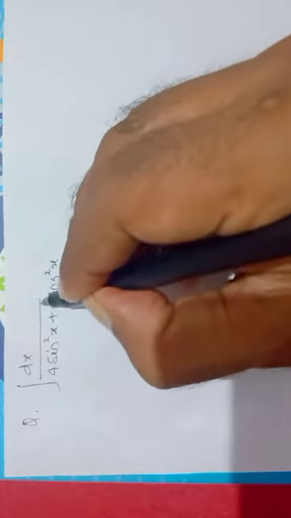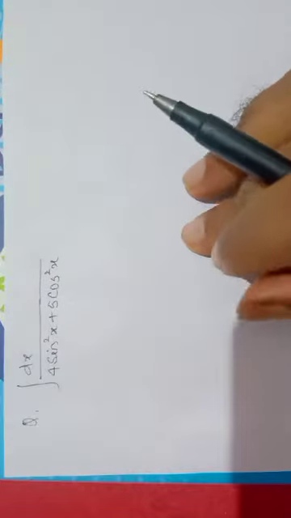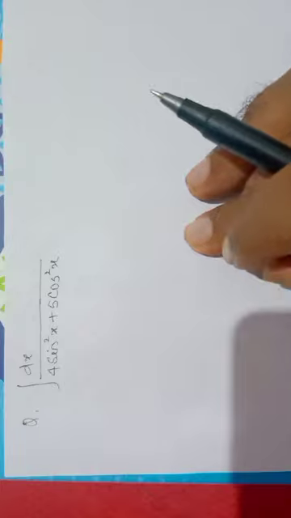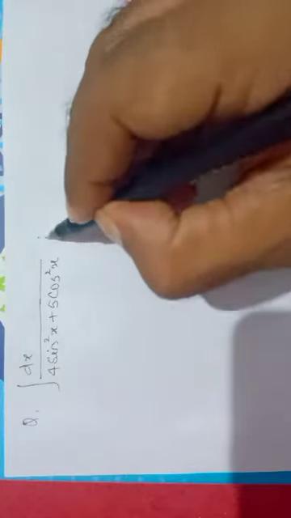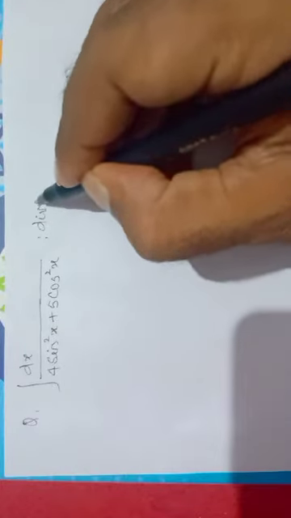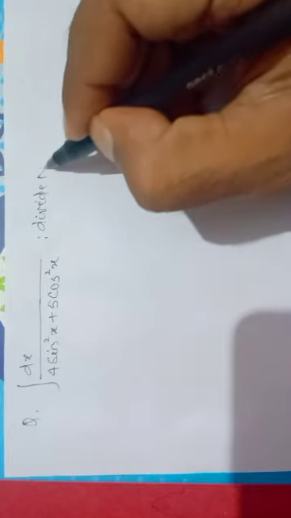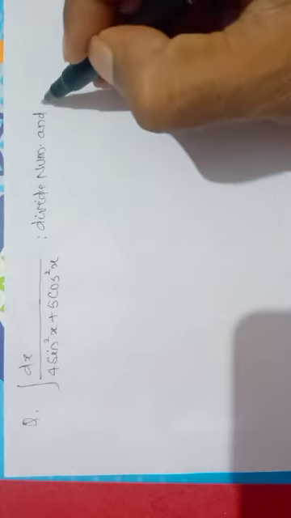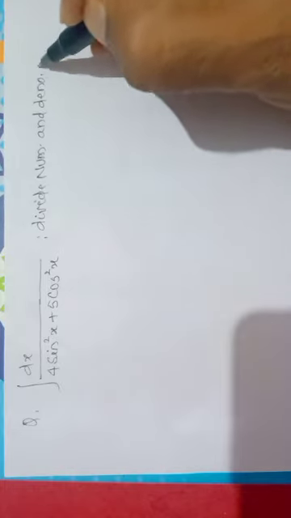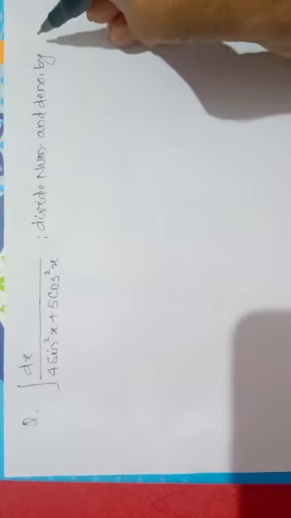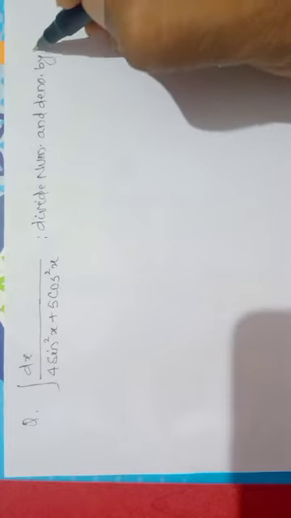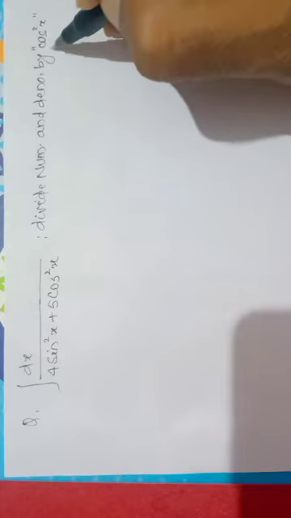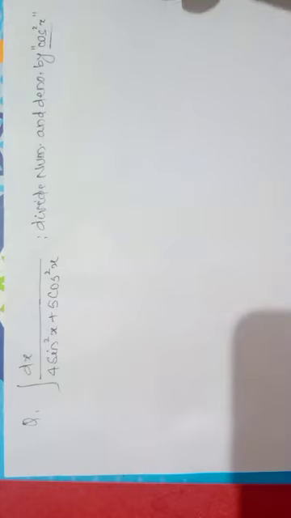In the first step, I am going to write here, divide numerator and denominator by cos square x.